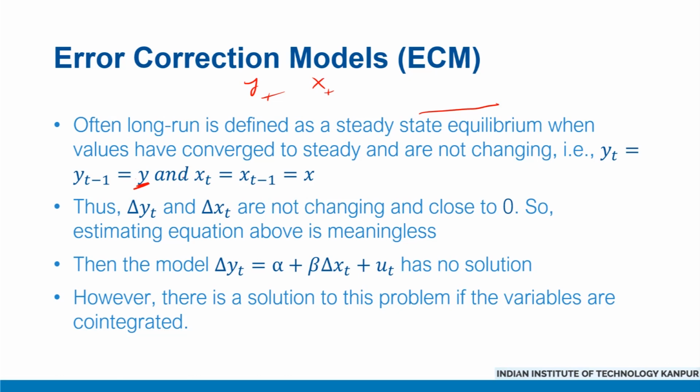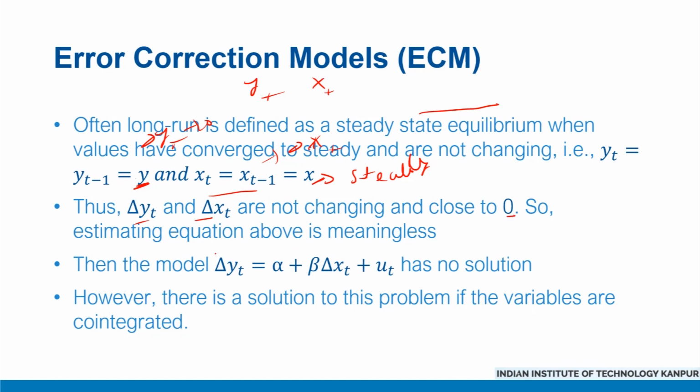That means there is some Y steady state value which is approached in the long run, and therefore there are no changes over time. So delta YT is approaching 0. And same for XT. As XT approaches its equilibrium level, delta XT also approaches 0. So they are approaching some kind of long-term steady state value, and therefore delta YT and delta XT are not changing, becoming close to 0.